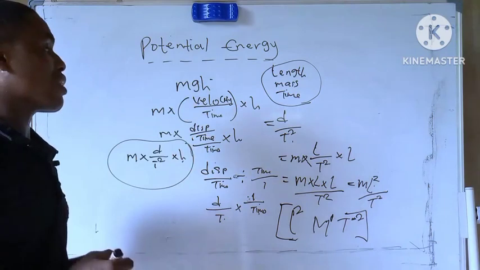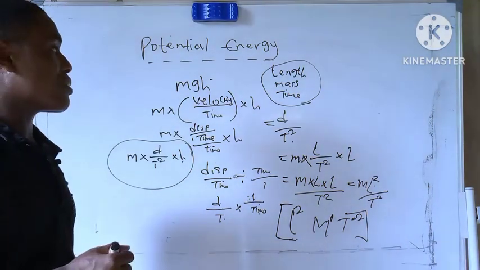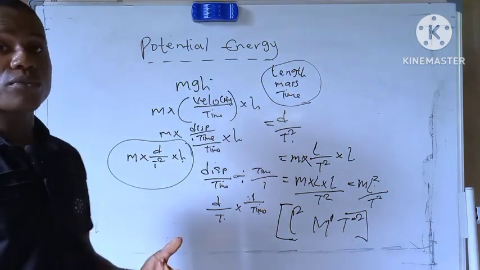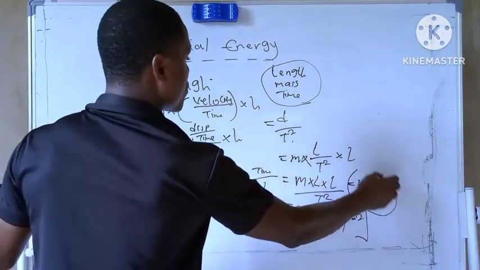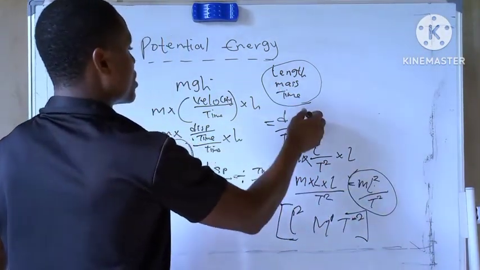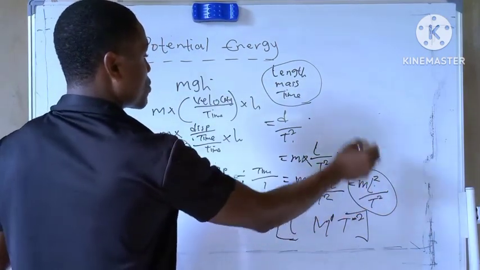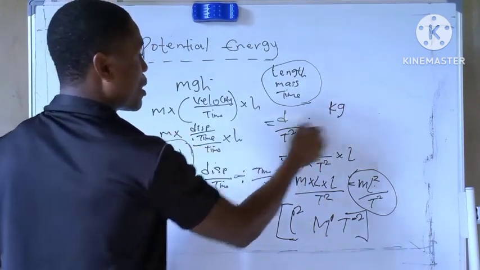So this is how to calculate for a dimension of any physical quantity. So in case you are asked to write down the unit of that particular quantity, this is what you do. From this your formula, you can write down the unit of potential energy. This is a symbol of mass, right? The unit of mass is kilogram.